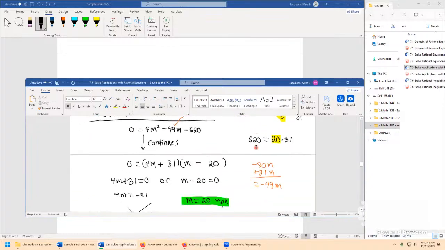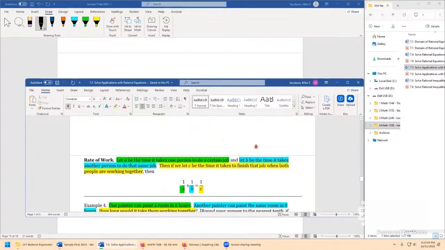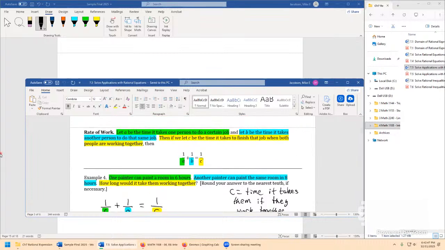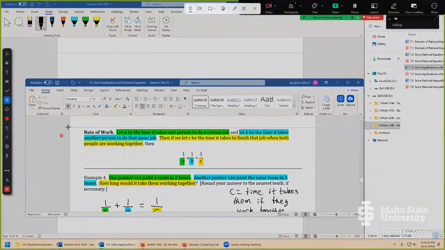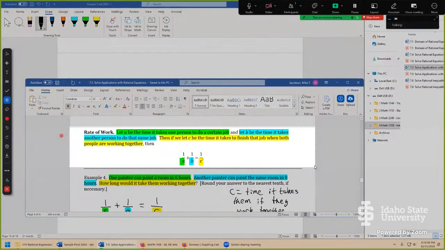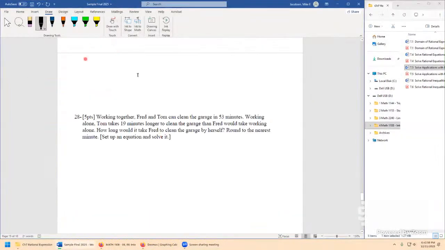Uniform motion came up. And here it is, the rate of work problem. So this is what I was going for. Took me a moment to actually find this in my own notes. So it's been a while. This was in chapter 7, not as long as I thought it was.